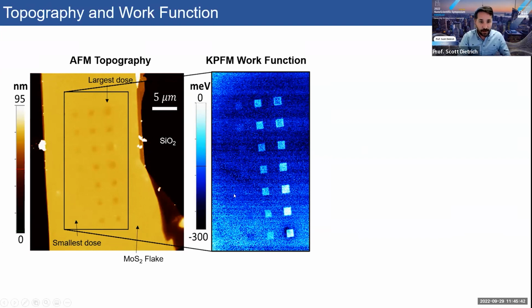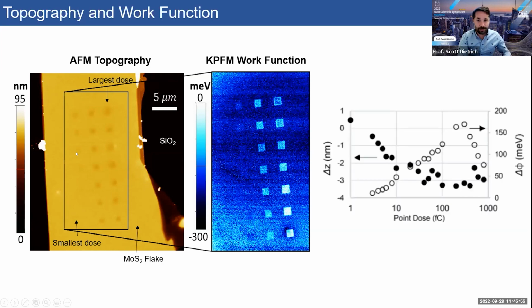You can see here in the work function, the darker regions are a low work function and the bright regions are a high work function. So we see a significant increase in the work function of the material. And we plotted these as a function of dose, going from 1 to 1,000 femtocoulombs per point. The black dots here show the change in the topography.